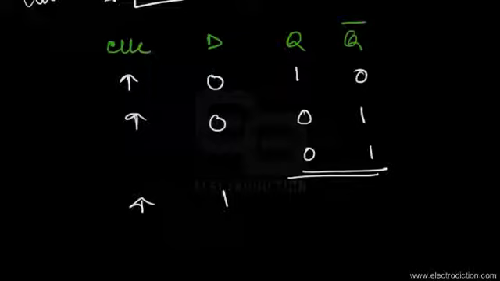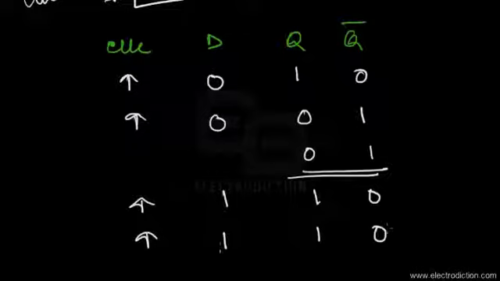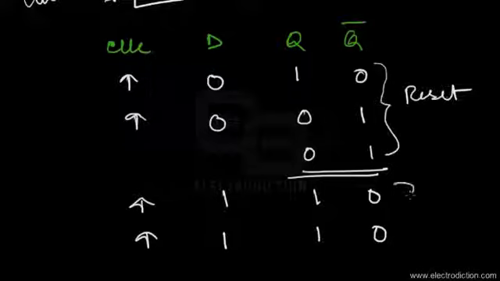The output at Q would change from logic 0 to logic 1, and Q bar would change in the same manner. If we continue maintaining this input at D, then Q remains at logic 1 as long as the input at D does not change. So this area is referred to as the reset state of the D flip-flop, and this is referred to as the set state, where Q changes from 0 to 1.